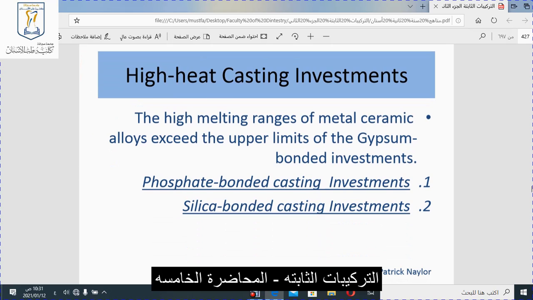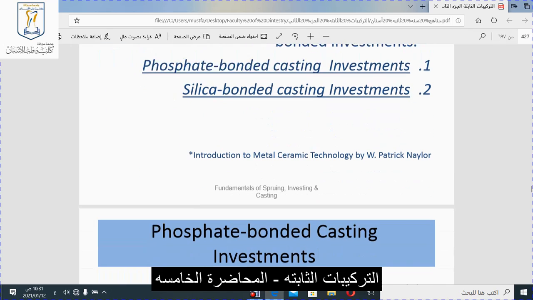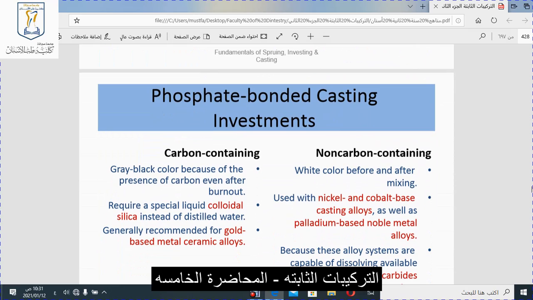The high heat casting investments, as I told you, are of three or four types: phosphate bonded investment, silicate bonded investment, magnesia based, or zirconia based. When receiving heat, their mechanical properties increase, not decrease, and they will not disintegrate. Phosphate bonded investment may sometimes be carbon containing or non-carbon containing.